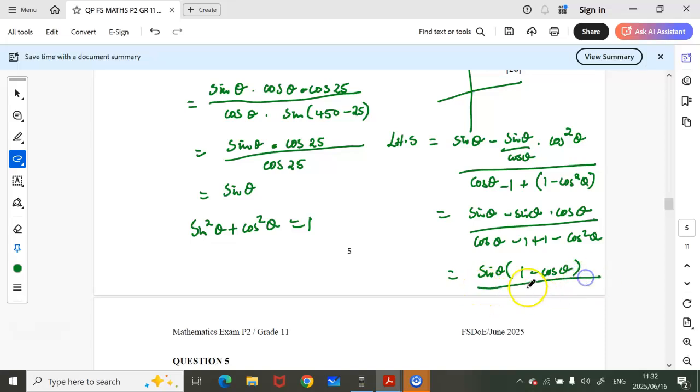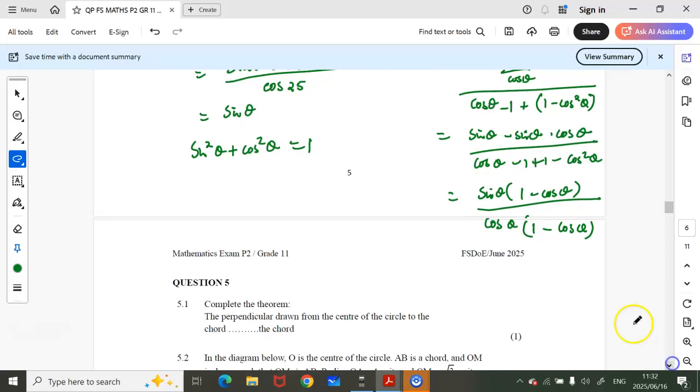We take a common factor at the bottom. Remember, minus 1 and 1 is 0, so we are left with cos theta minus cos squared theta. We take cos theta as a common factor, then we are left with 1 minus cos theta. The content inside the bracket, this one and this one, then it's 1. That means we are left with what?